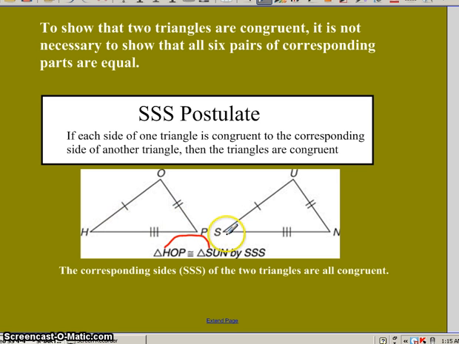Those would be corresponding vertices. Notice how HO is congruent with SU. Well, the HO is in the same location as the SU is right here in the triangle congruence statement. Something I don't know if I've pointed out before, but there it is.